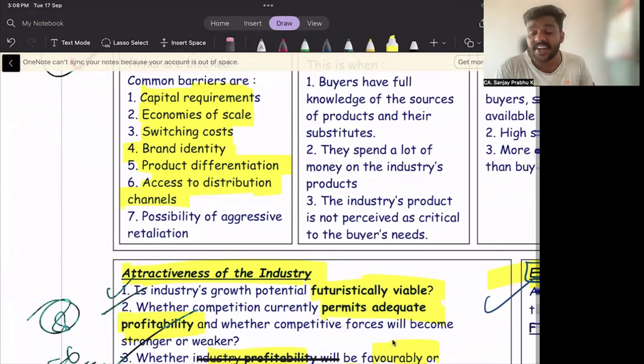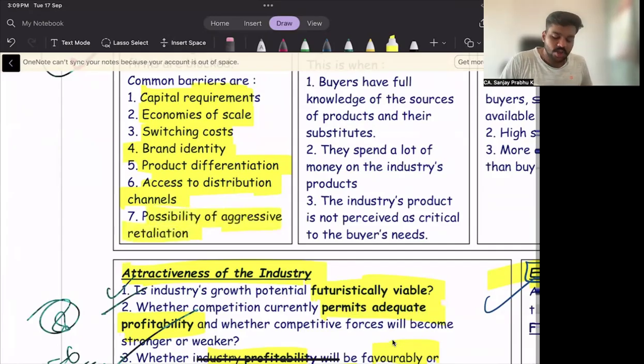It becomes difficult for a new entrant to access the different distribution channels by which they can sell their product and make sure that the product reaches the end customer. Say, for example, a large and successful organization has expanded in such a way that they use all the channels by which they can sell their product to the customer. As far as the new entrant is concerned, it is very difficult for them to access all the distribution channels.